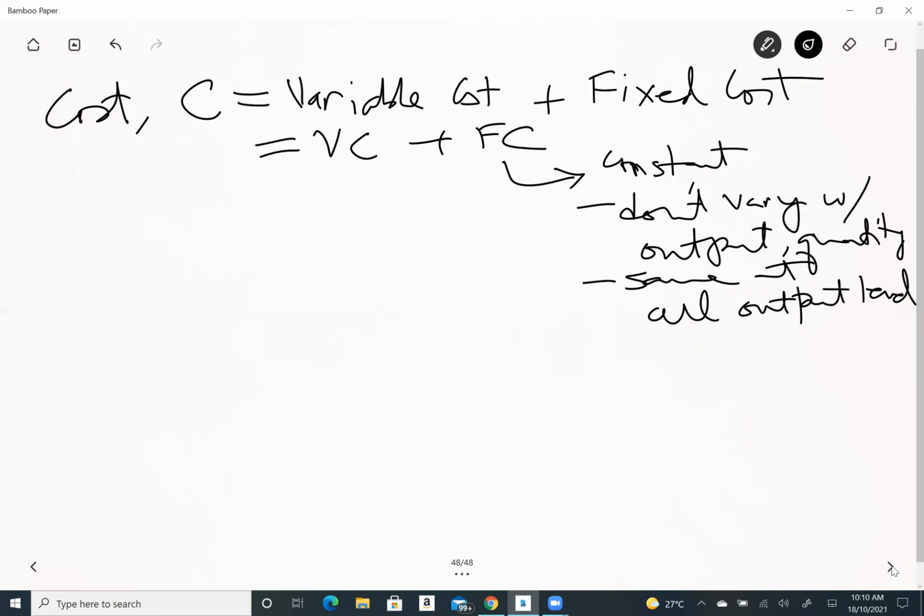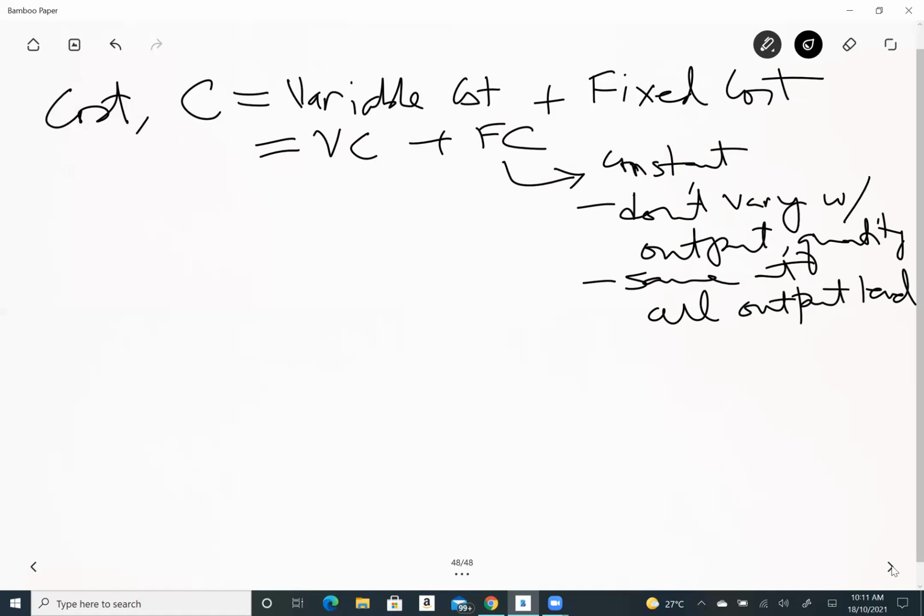And if you produce 1,000, you incur that same cost. And if you produce 10, you also incur that same component of cost, which is fixed cost.